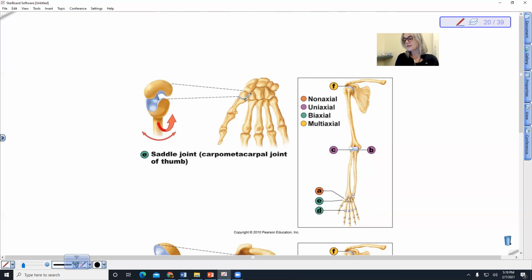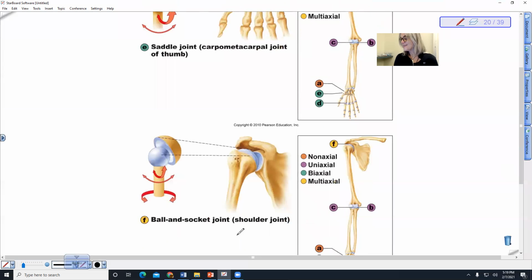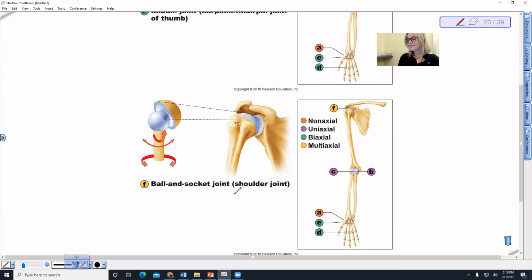So this would be the saddle part, and then this would be the carpal bone that sits into the saddle. And so this allows for biaxial movement. It can move this way and it can move this way. Yeah, biaxial.